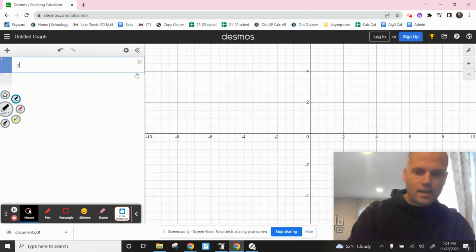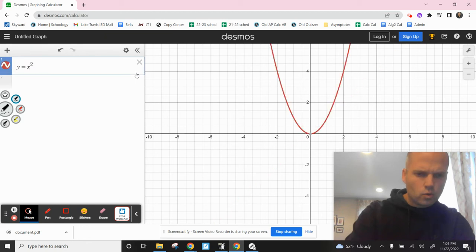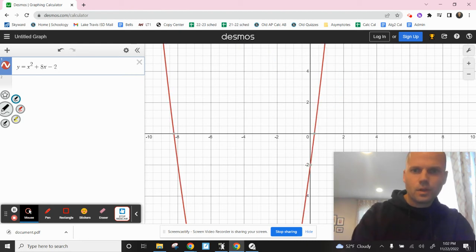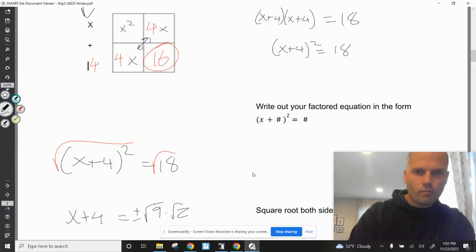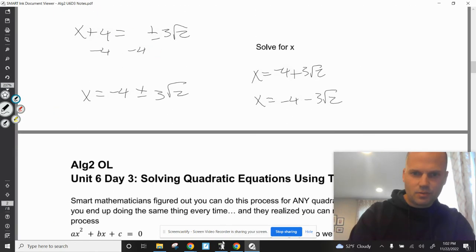So y equals, I'm going to graph x squared plus 8x minus 2. I see I have 0.243 and negative 8.243. Well, watch. These are my x-intercepts. These are my solutions.